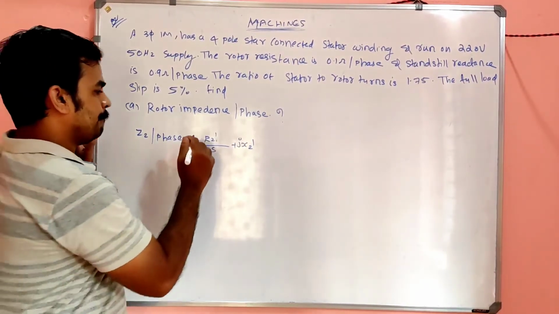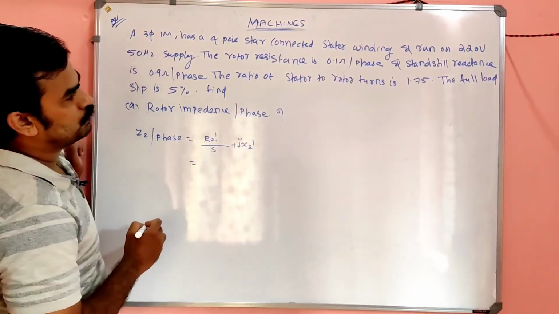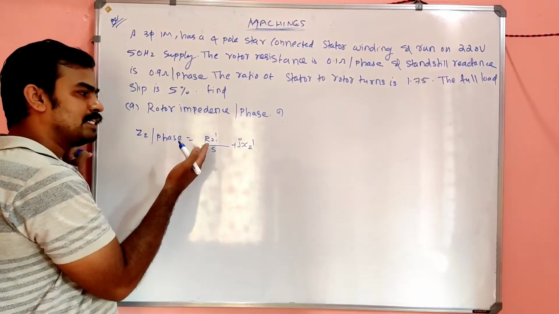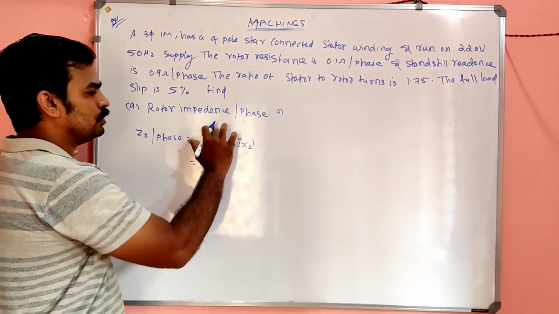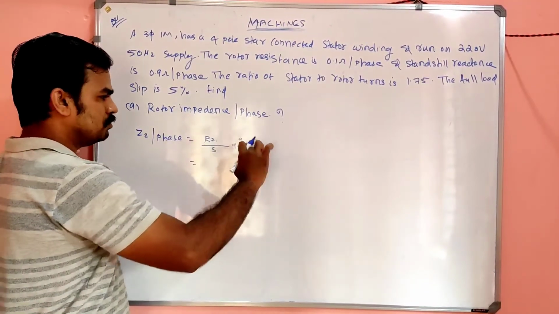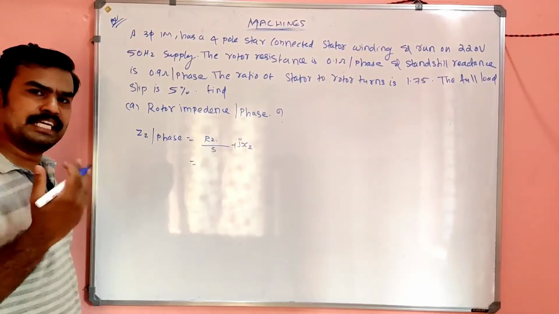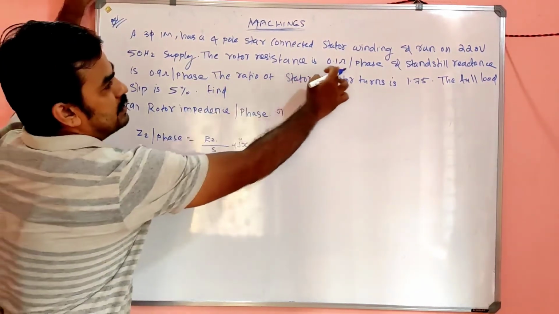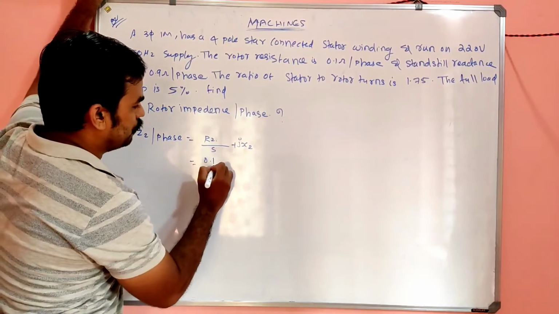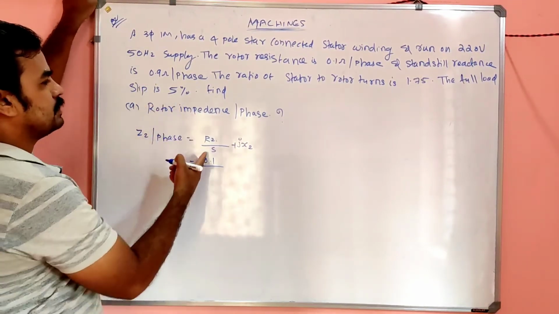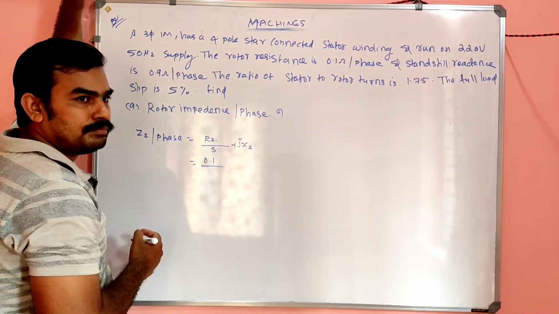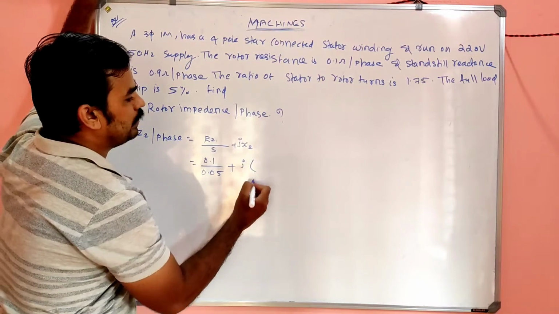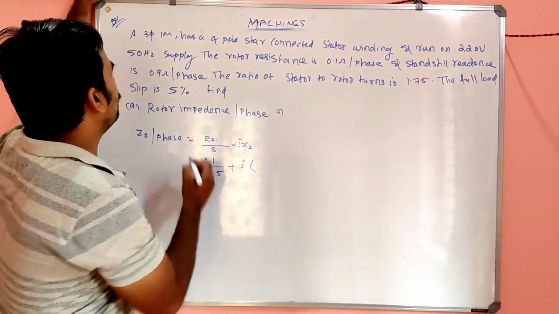Okay. So what is R2 dash, the equivalent rotor resistance? You may see R2 dash or jX2 dash, or simply R2 plus j into X2, no issue. R2 by S plus j into X2 also you can use. So rotor resistance is 0.1 ohm per phase, correct? So 0.1 ohm divided by slip, 5% slip, am I correct? It will be equal to 0.05 plus j into X2, and X2 is 0.9, correct?